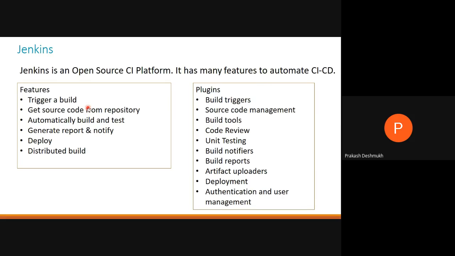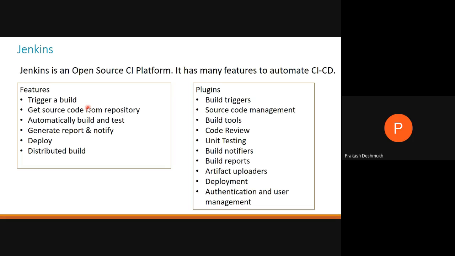Then it gets source code from the repository. So it gets integrated with a variety of source code repositories like Git, SVN, ClearCase, and Rational Team Concert. There are even GitLab and GitHub. So all those code repositories get integrated with the Jenkins platform. Then automatically build and test, obviously that is one feature available.